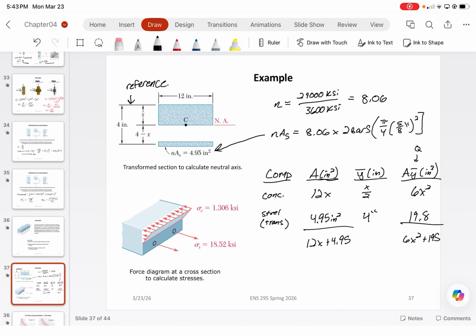And now to determine y bar, which is the location of the neutral axis, which is just going to conveniently be x, we set this equal to 6x squared plus 19.8 divided by 12x plus 4.95.